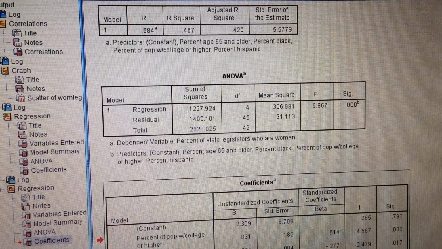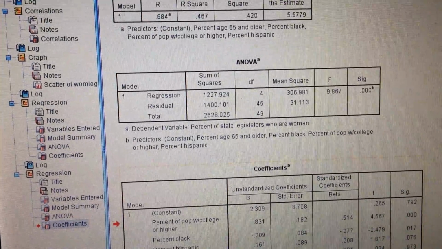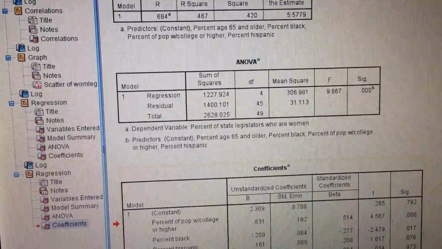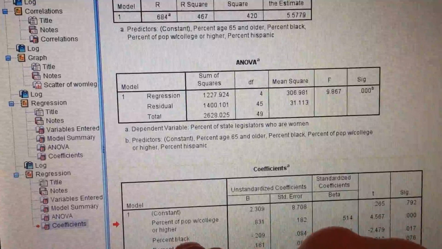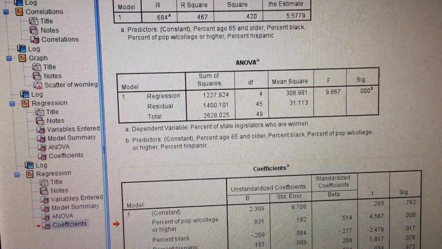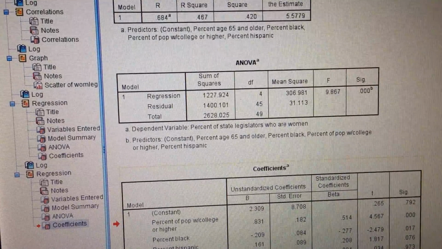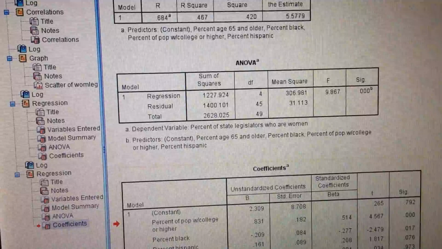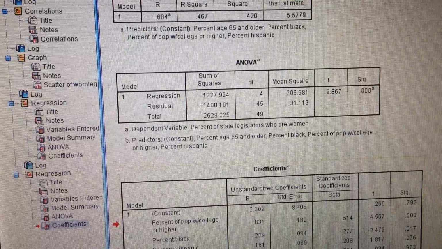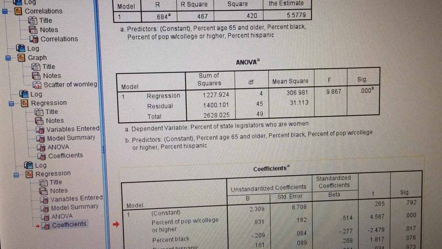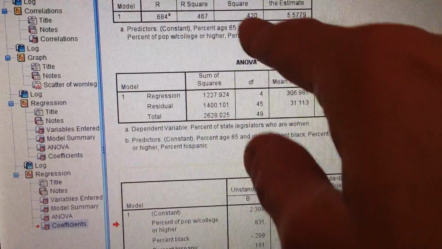The R-squared tells us how much these 4 variables right here, if we know these 4 variables, if we know in a state the percentage of people with college degrees, the percentage of people who are black, the percentage of people who are Hispanic, and the percentage of people who are 65 or older, the R-squared tells us, if we know those 4 factors, we can predict this percent of the dependent variable.